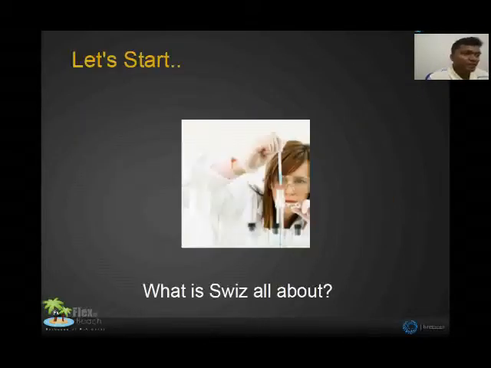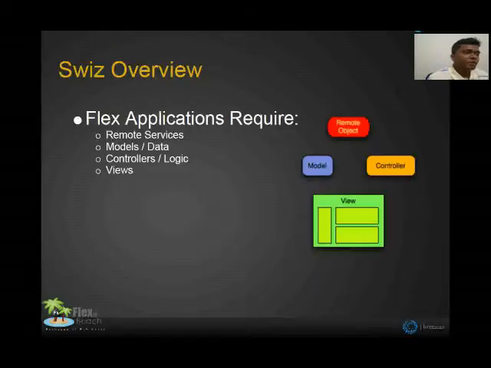Any Flex application requires these parts. A remote service is required to connect you to the backend, whether Java, .NET or PHP, anything. There are models, which are collections of data, and there are controllers which manage the logic, meaning whenever any event is fired, the controller is responsible for mapping it to the relevant work to be done.